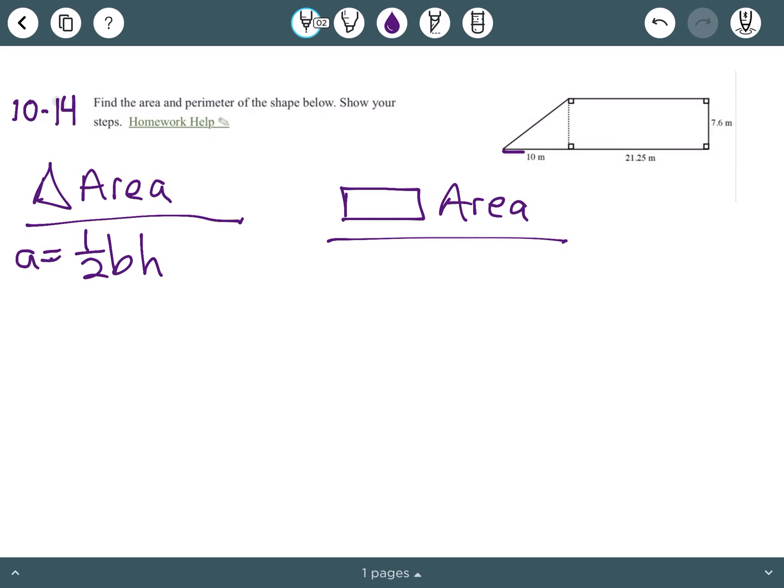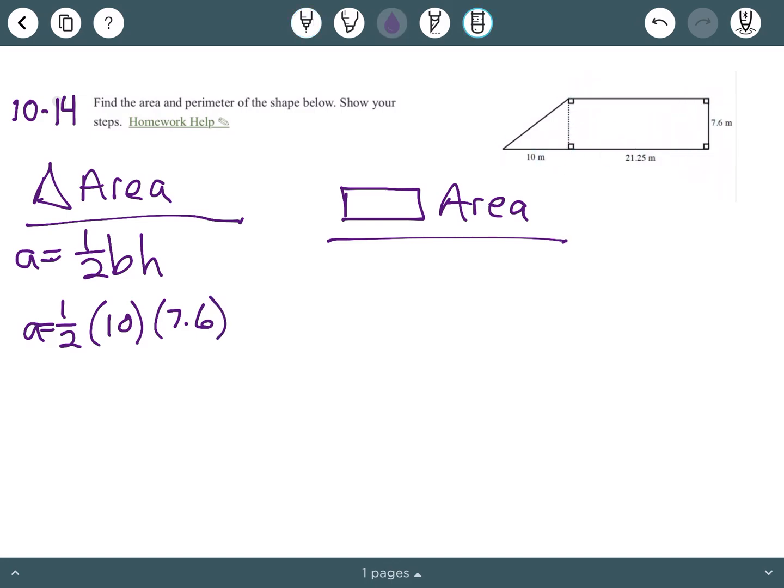So our base here is 10. So we'll just plug right into our formula. A equals 1/2 times 10 times the height. And remember, the height of the triangle is the same as the height of the rectangle, which is 7.6.